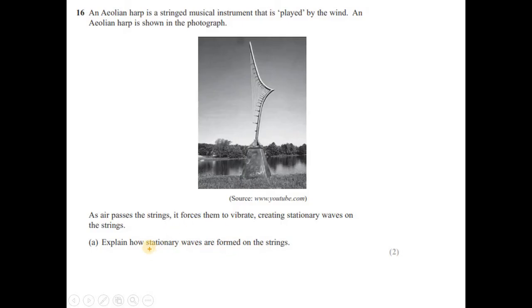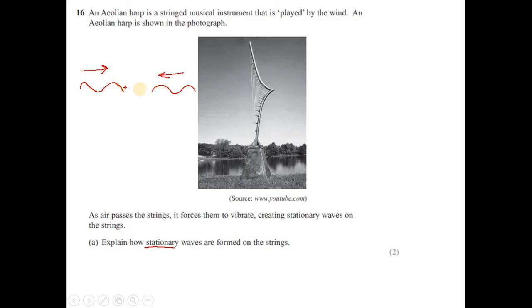A typical question about stationary waves, when they ask you about production, how stationary waves are produced. So you say that two waves traveling in opposite direction. So one wave is coming from, suppose, the left, the other one is coming from the right. So two waves are traveling in opposite direction, and they are interacting or interfering or superposing, whatever you wish to write.